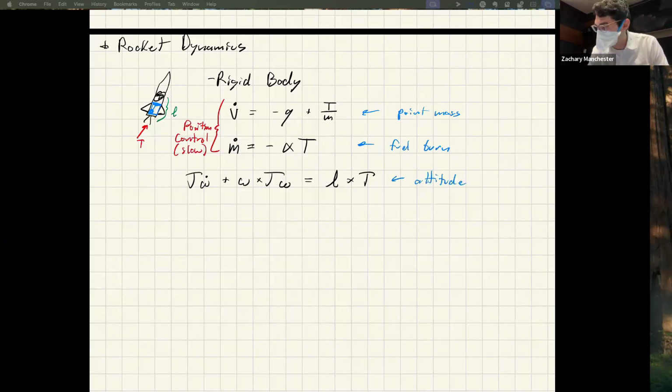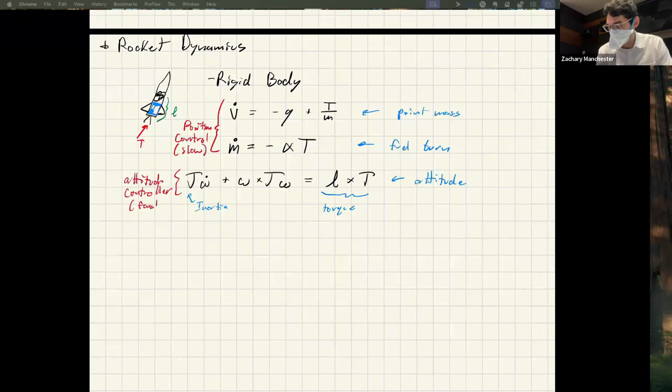And this is torque applied by the engine. This is the inertia, right? You've seen this kind of stuff before. And this is the attitude controller, which we're not going to explicitly talk about, but in principle, you guys kind of know. You've seen this sort of thing before for drones, right?